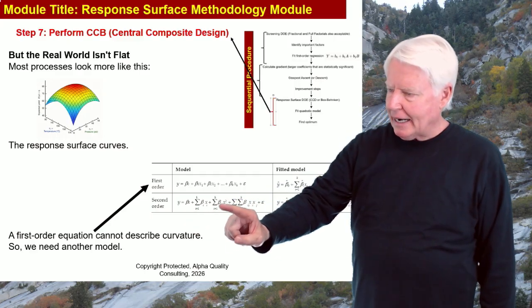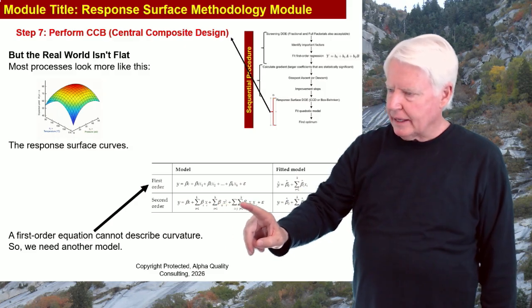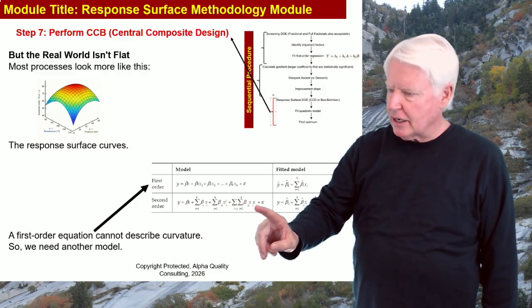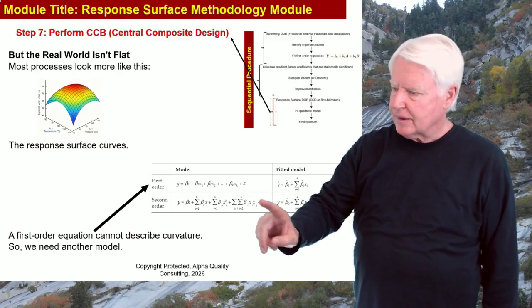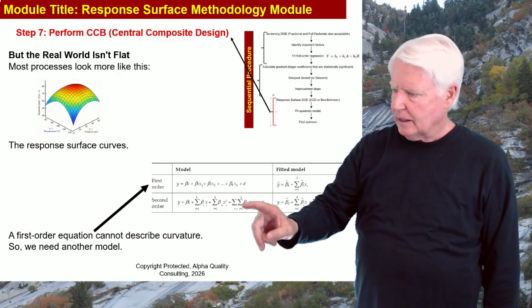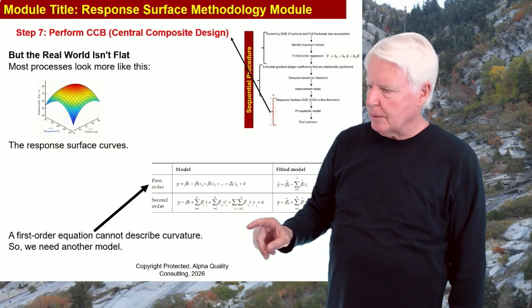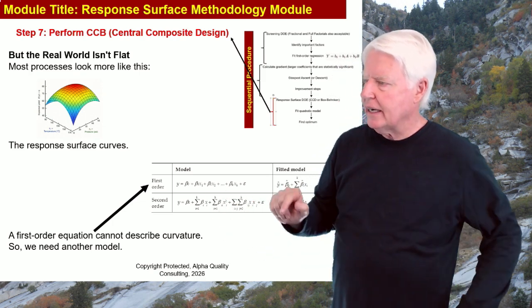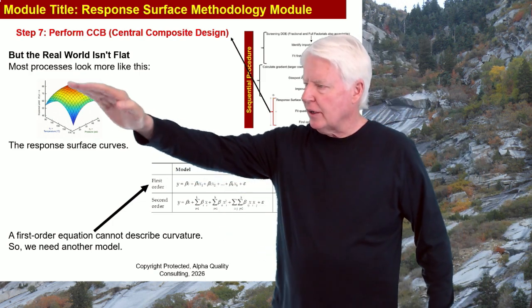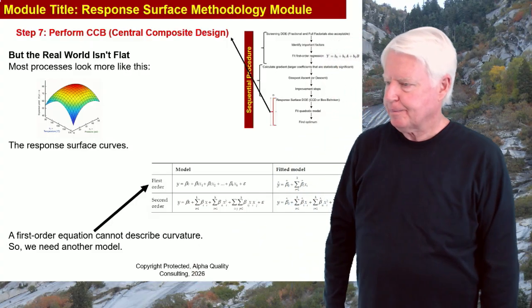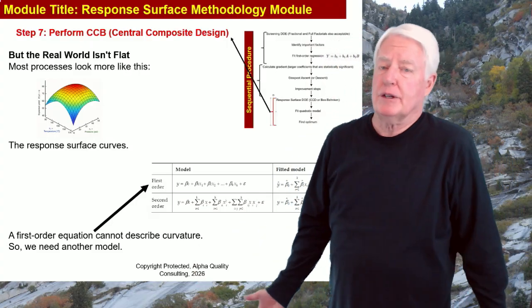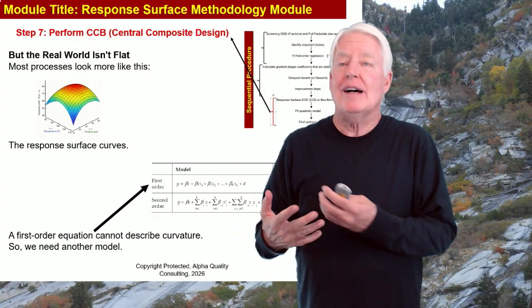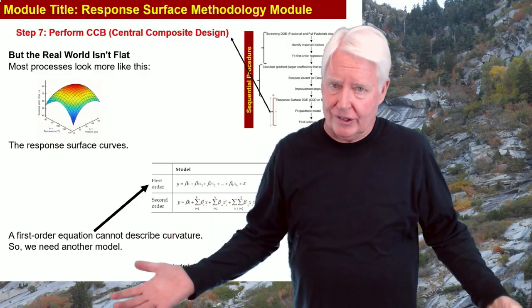So now it's a more accurate equation. And then this one here is the summation of all of the interactions. So that's what central composite design is, adding these x squareds in here to give curvature to this surface. Not just add curvature, but add curvature because that's what it really is.